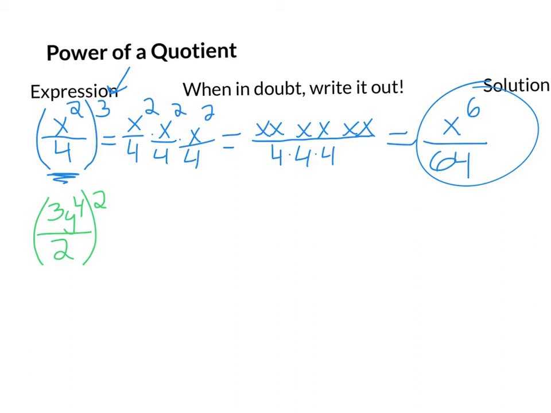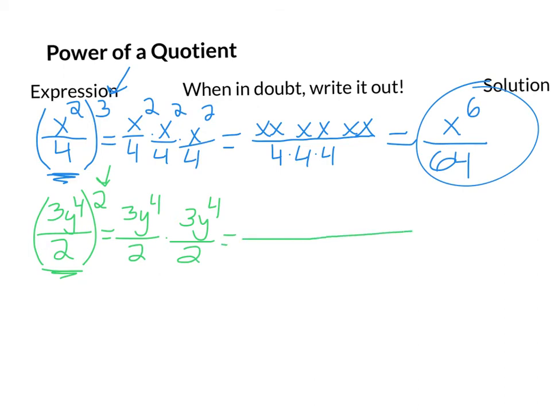All right, so next one, 3y to the 4th over 2 squared. This 2 tells me to write this twice. So 3y to the 4th over 2 times 3y to the 4th over 2.